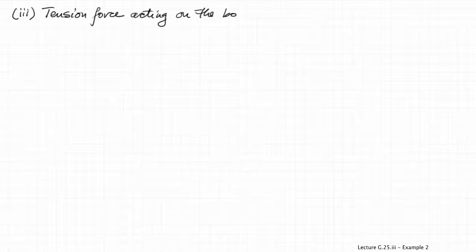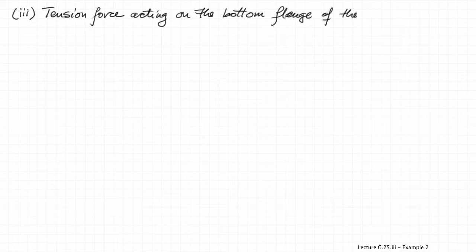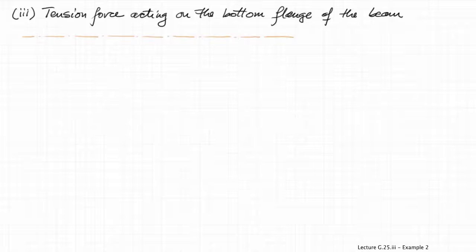Now finally, there's one more question which requires you to calculate the tension force acting on the bottom flange of the beam, or in other words, the tension force corresponding to the stress block that developed across the bottom flange of the beam.